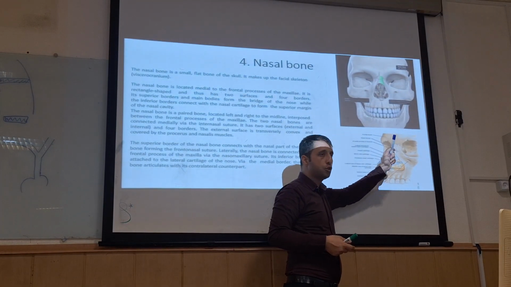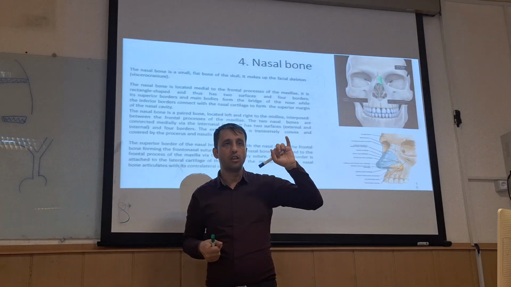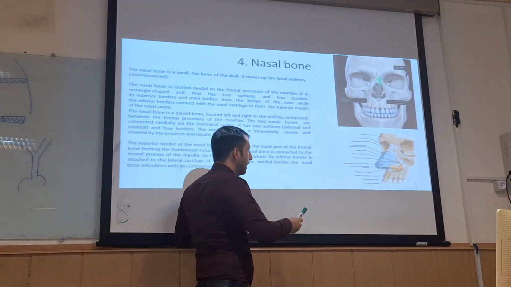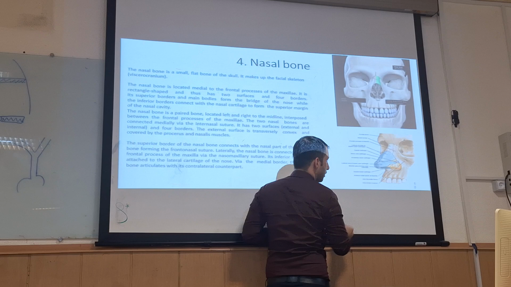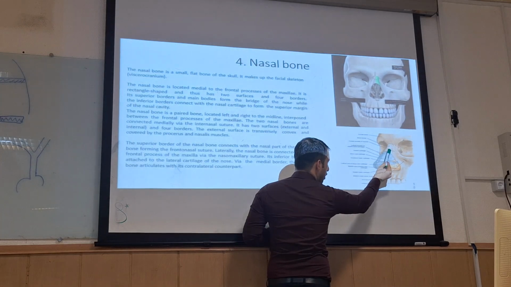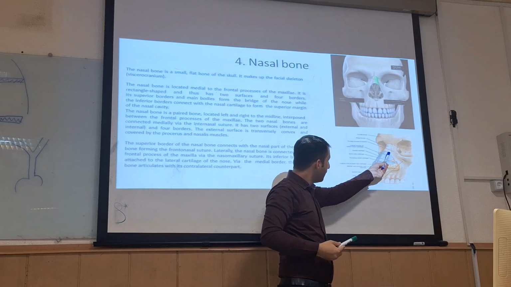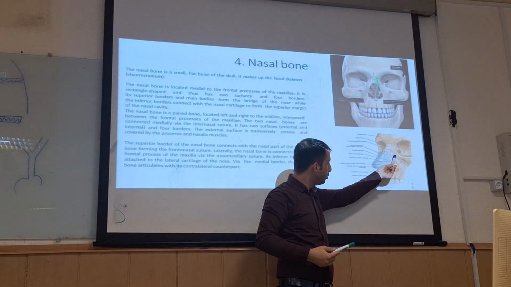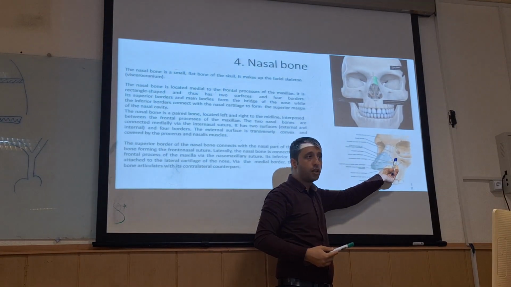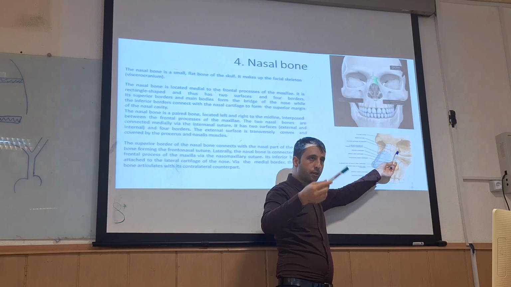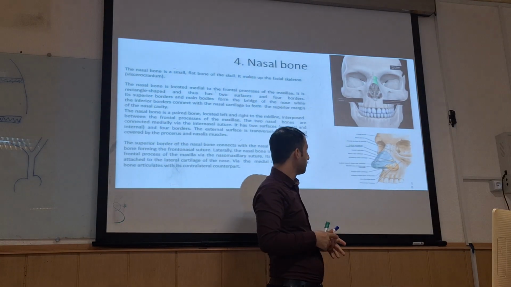The superior border is attached to the nasal notch of the frontal. The anterior borders are attached together. The inferior border is attached to the lateral cartilage of the nose. And the posterior border is attached to which part of the maxilla? The frontal process of the maxilla.